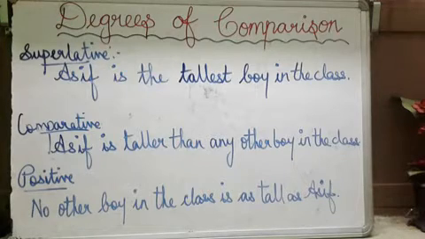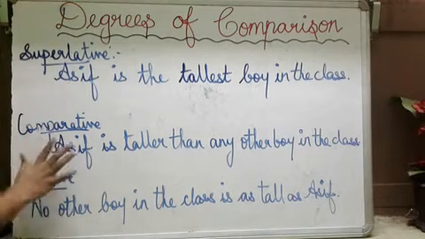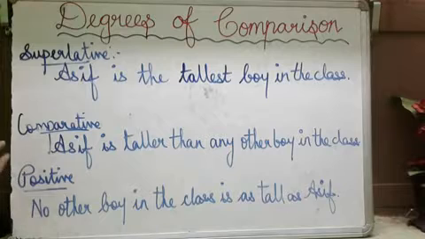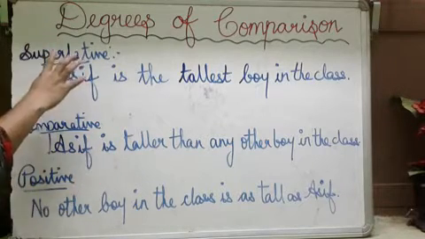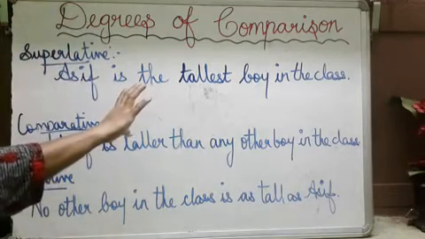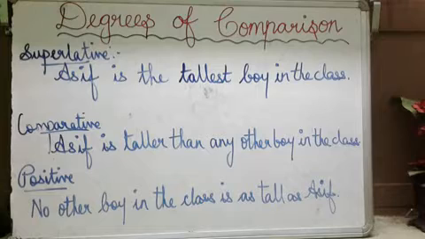This is the definition of these degrees. So what do you mean by positive degree? It is a degree when no comparison is intended. Comparative degree is when there is a comparison between two, and superlative degree means a comparison between more than two.